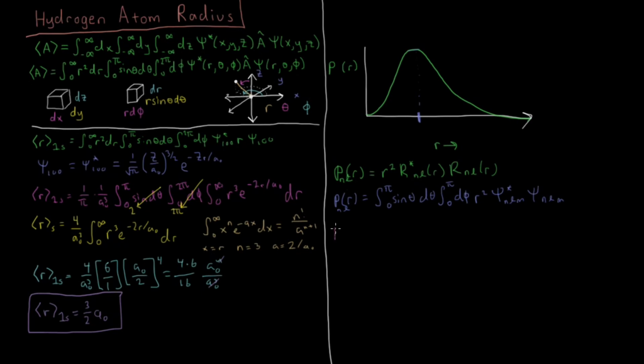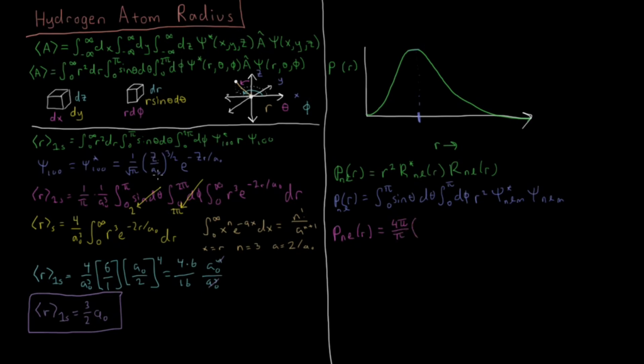What we're going to be left with is our probability density function, and when we substitute that all out, we're going to have the 4 pi here divided by this, which gets squared, so it becomes a pi.